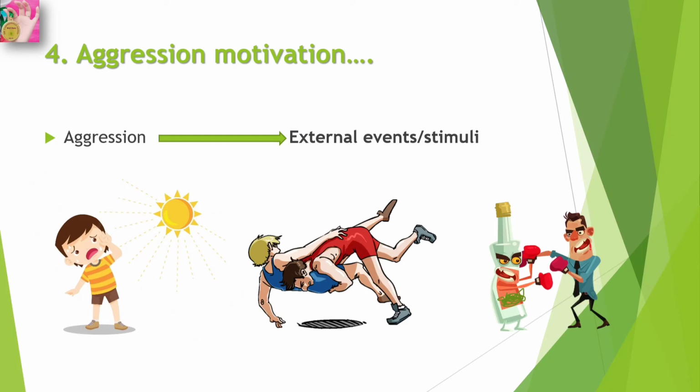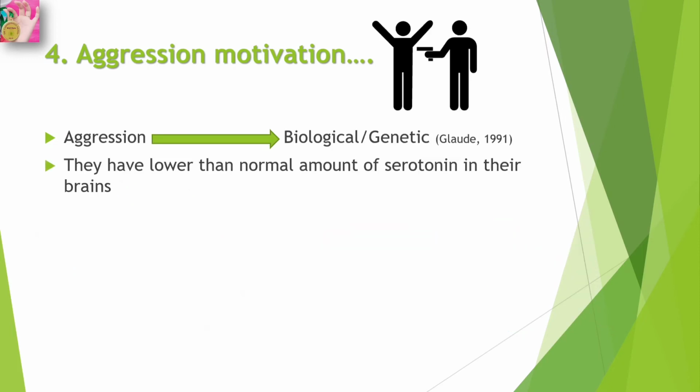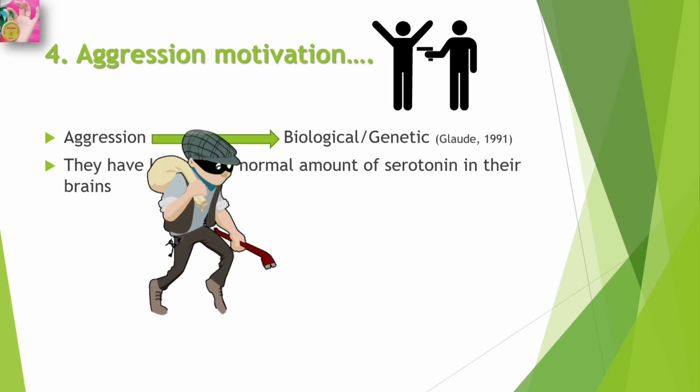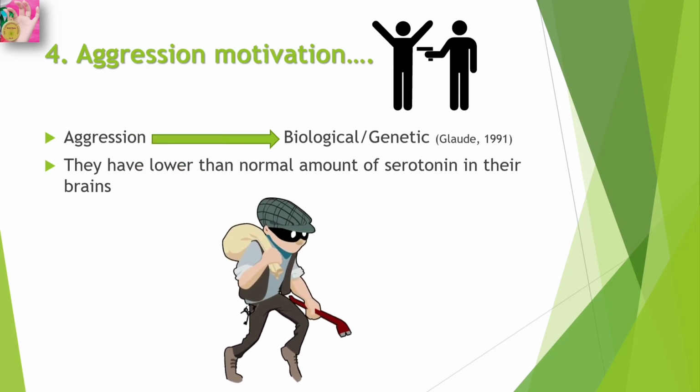Now, growing evidence also indicates that biological or genetic factors also play a role in the occurrence of violent crime. Such people have lower than normal amounts of serotonin in their brains.